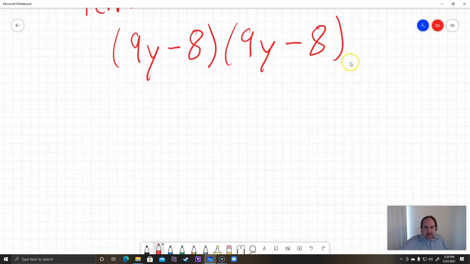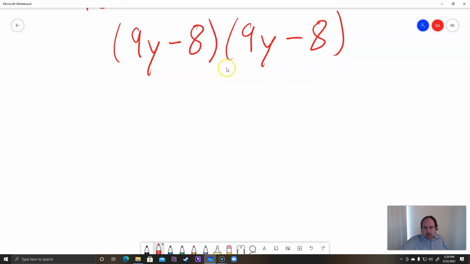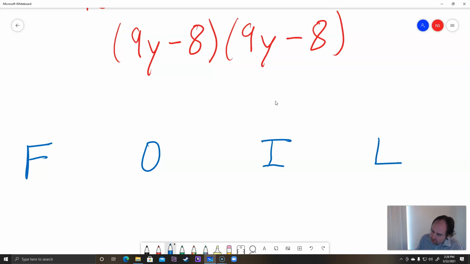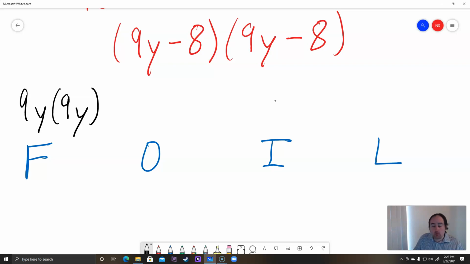And then, like I was just saying, here we have a binomial times a binomial. So how do we do that? We multiply it out with FOIL. Okay, so first, outer, inner, last. Okay, so here the first is going to be 9y times 9y. Okay, that's our first. And then our outer is going to be 9y times negative 8.